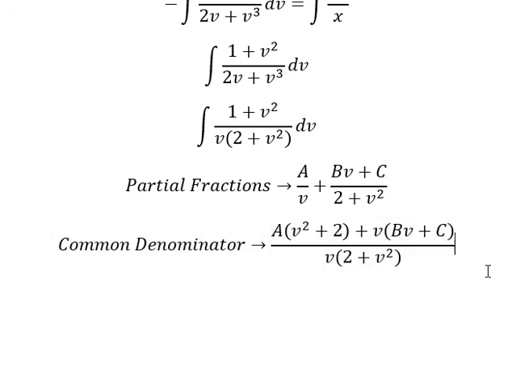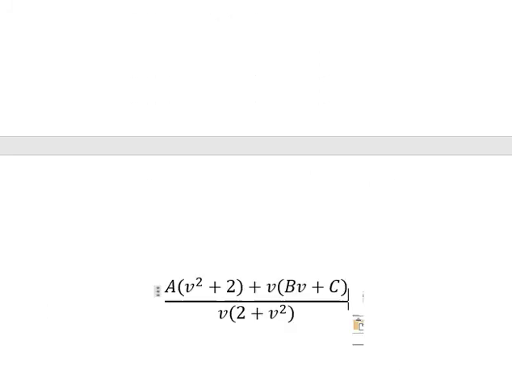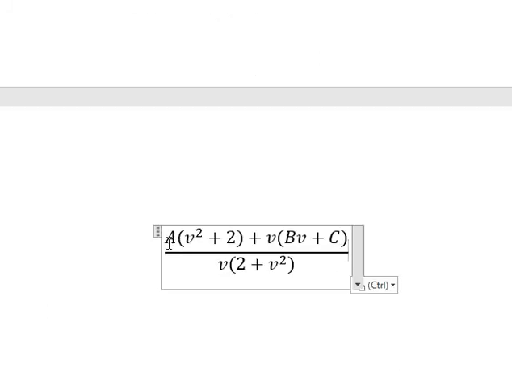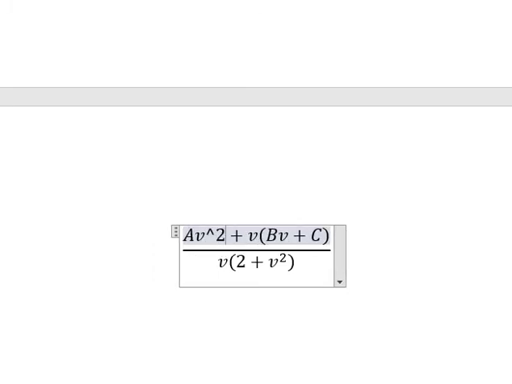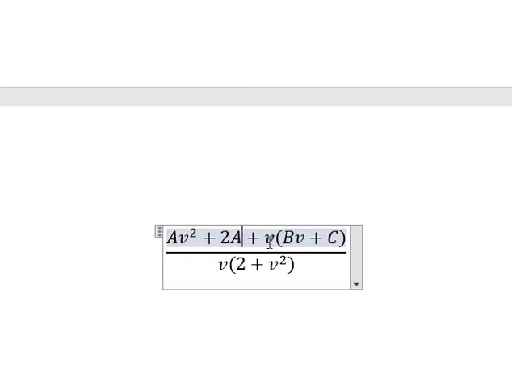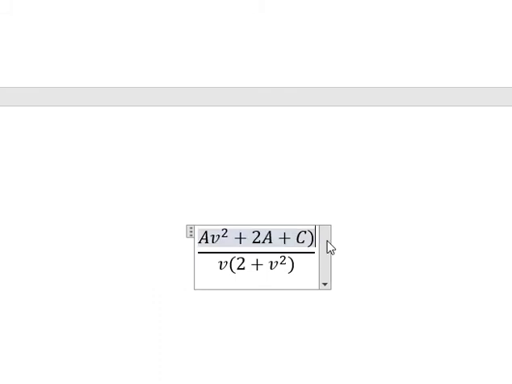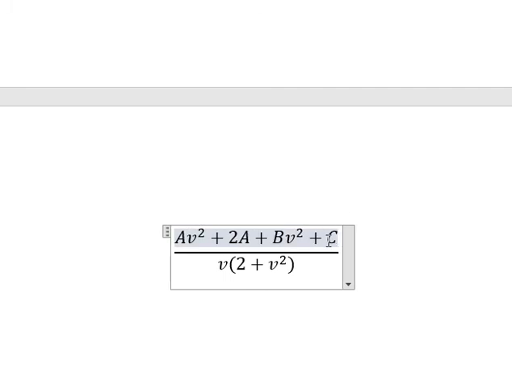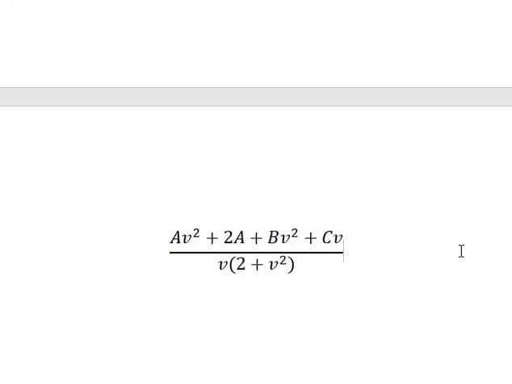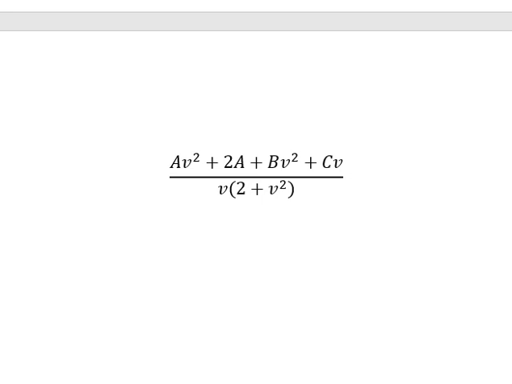This one we have A multiplied by v squared and number 2, v multiplied by Bv and C. Now we need to arrange based on the term of v.